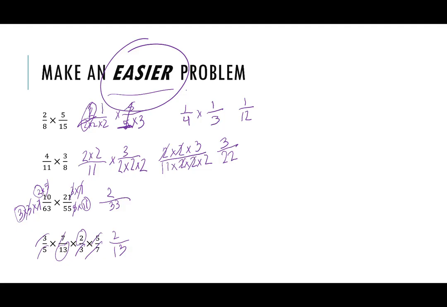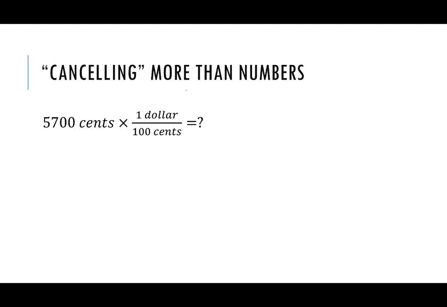But that's not just true for fractions and numbers. It's true for words. This is gonna feel a little weird because you're like, I'm just gonna cross out a whole word. Am I editing an essay? Weird. Yep. You're gonna cross out a whole word. So we have here an example: 5,700 cents. All right, lots of money there, and we're gonna multiply it by $1 over 100 cents.